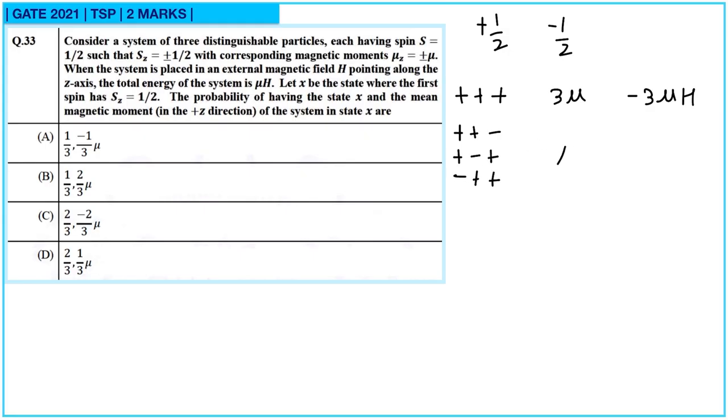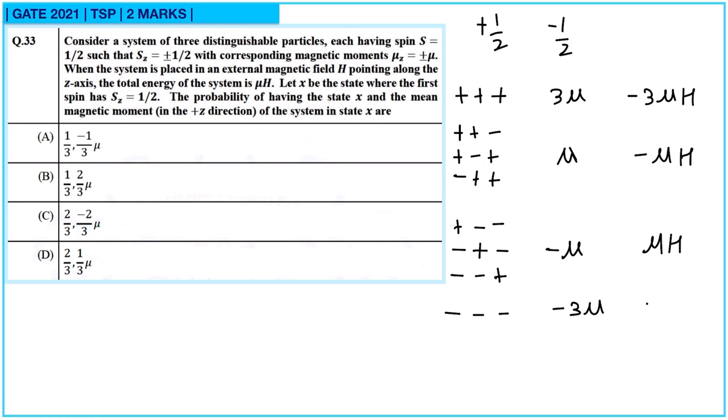Here the total moment will be mu and corresponding energy will be minus mu h. If 2 of them are negative, then this will be plus minus minus, minus plus minus, and minus minus plus, and corresponding moment will be minus mu and energy will be mu h. And if all of them are negative, then it will be minus 3 mu and total energy will be 3 mu h. Now in the question it is given that the total energy is mu h.